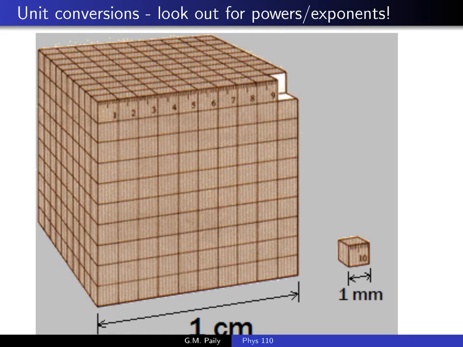And so, for example, 1 centimeter cubed, right? A cube whose side is 1 centimeter. Okay, 1 centimeter cubed, we have 3 powers for the centimeter, and so we need 3 conversion factors. Each conversion factor gives us a factor of 10, so 1 centimeter cubed would be 1000 millimeters cubed.